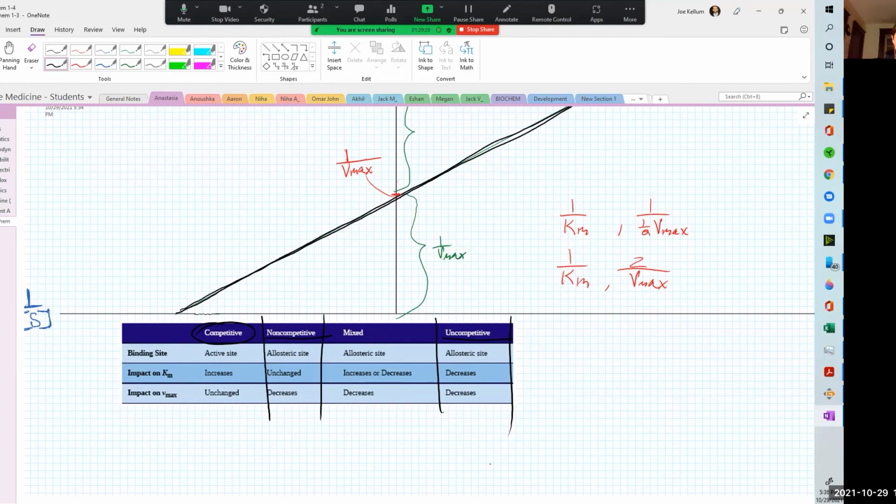And so does that decrease the Vmax? No. Correct. Does it affect the Km at all? Yeah, it affects the affinity. Why doesn't the Vmax change?